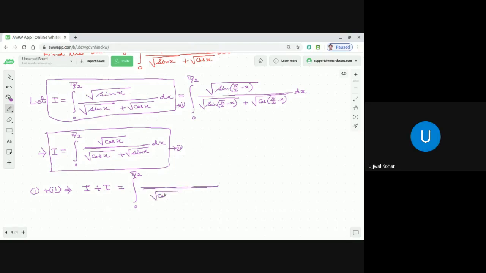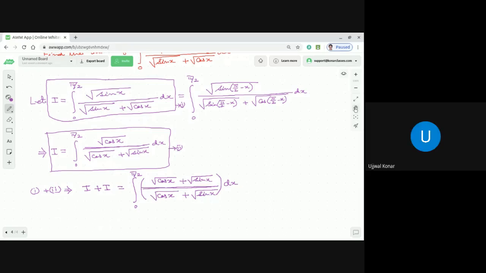Square root of cos x plus square root of sin x. And the numerator also you will get square root of sin x plus cos x, or you can write square root of cos x plus square root of sin x. Divanshu, absolutely clear? Yes, sir. Understood. Okay.